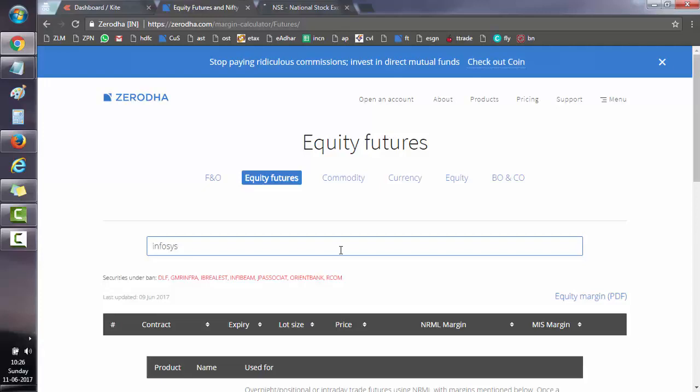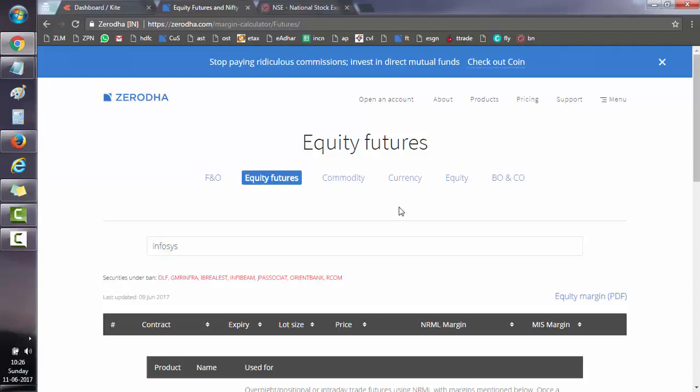What is the reason for this? The reason is normally, wherever you check in the trading platforms or in the margin calculator, anywhere, the complete name of the security is not mentioned. Okay, so the trading symbol of Infosys is INFY.